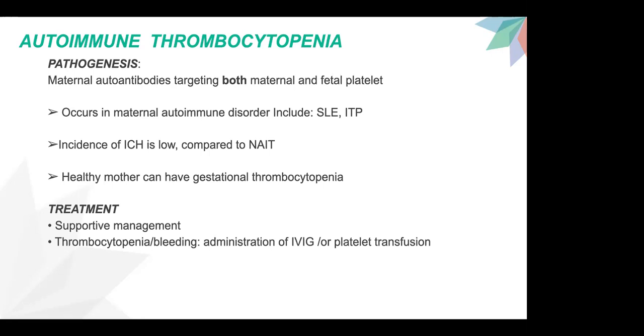It's just that when she gets pregnant, these autoantibodies can travel across the placenta and enter the fetal circulation and attack the fetal platelet. So that's the difference between NAIT and autoimmune thrombocytopenia. That's why, as I mentioned before, in history you need to ask whether mom herself has an autoimmune disease.